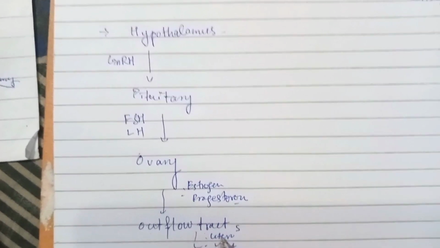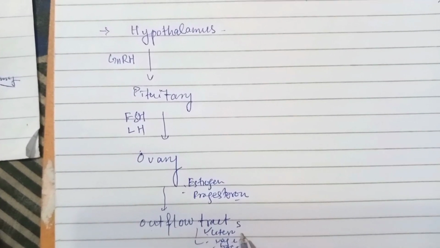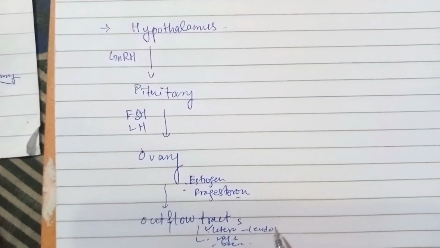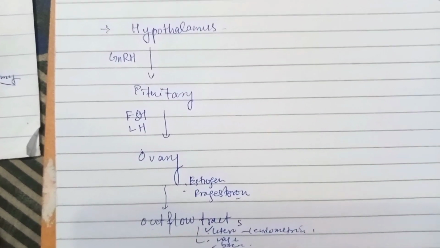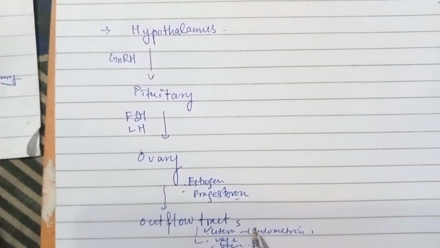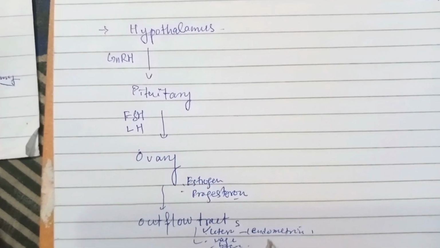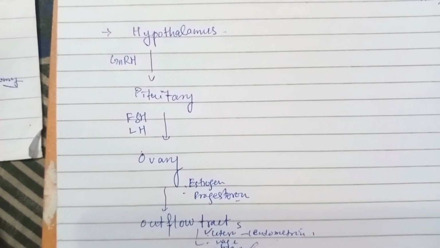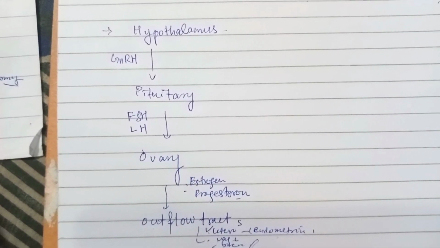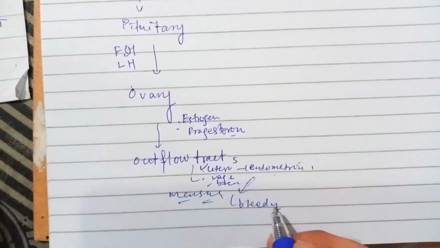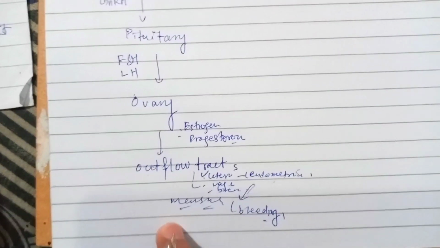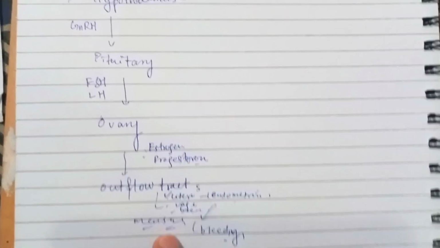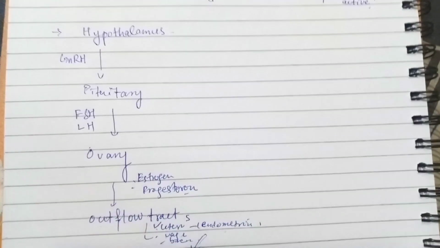Mainly in the uterus it is the endometrium, and with the cyclic changes, the wall of the endometrium ruptures and bleeding occurs, which we call menstruation. So this is the flow chart that describes how menstruation occurs in a woman normally.